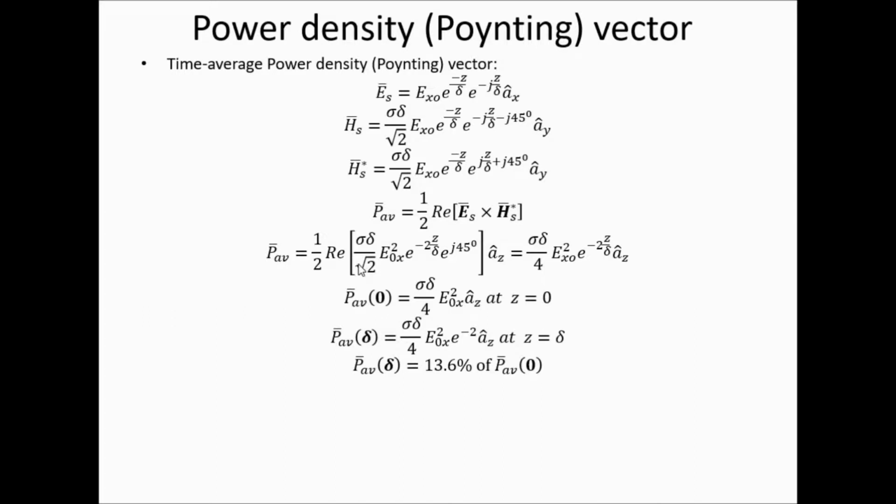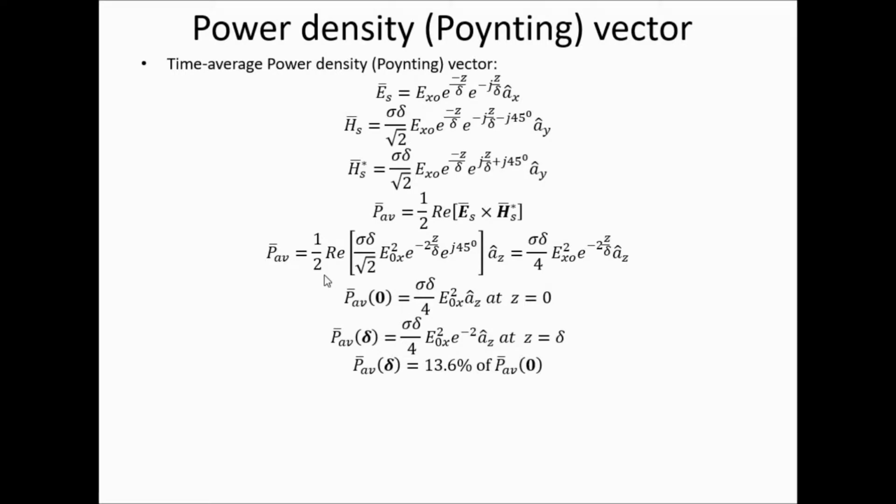If you expand this, it will be cosine 45 plus j sine 45. So we take only cosine 45 degree, which is equal to 1 over square root of 2. So 1 over square root of 2 and 1 over square root of 2 becomes 2, and 2 and 2 is 4. So we got sigma delta over 4 Ex0 squared e to the power negative 2z over delta az. So this is the time average power.